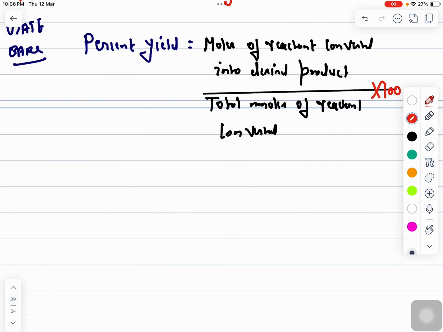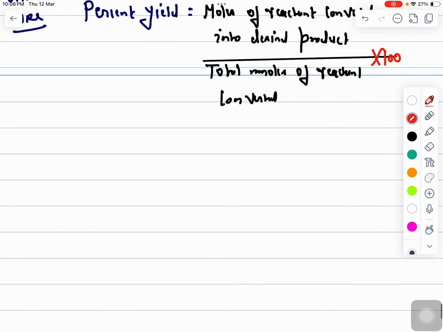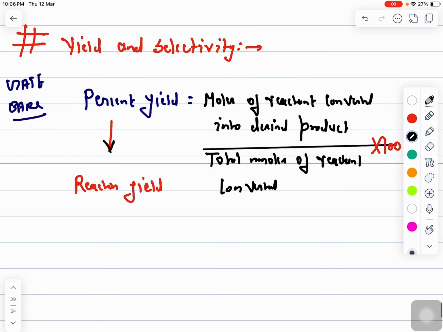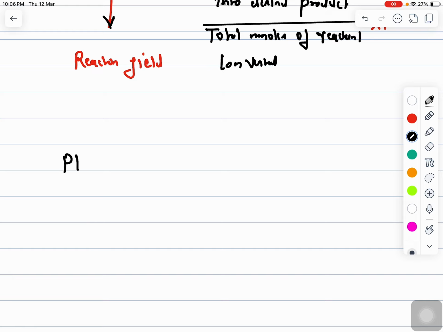Why we are calculating this yield, I'll tell you later on. Then I'll talk about the plant yield, right? Percent yield is sometimes also known as the reactor yield, so if reactor yield is mentioned in the problem, don't get confused. That's why I'm writing all of these things. Next, there is also a plant yield, which is also called the overall yield.